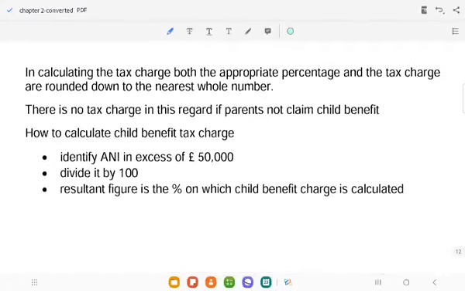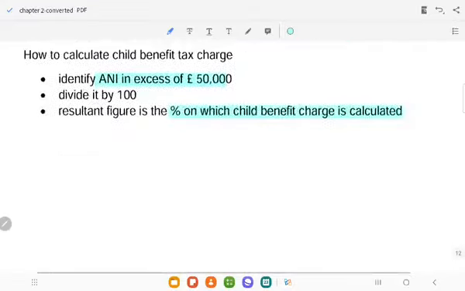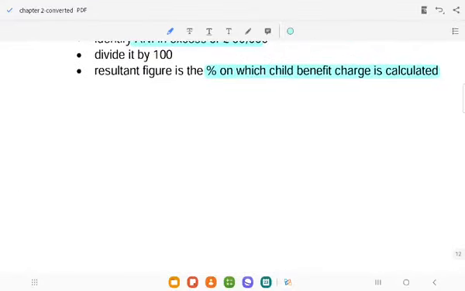For this, the stepwise approach is: identify the adjusted net income in excess of 50,000, then divide it by 100, and the resultant figure is the percentage on which the child benefit charge is calculated. So for this, we will consider an example.